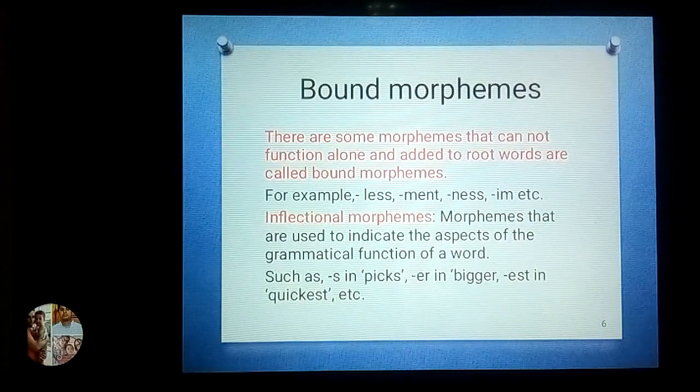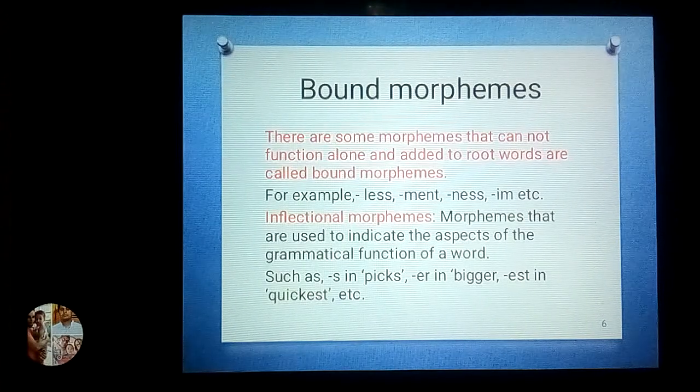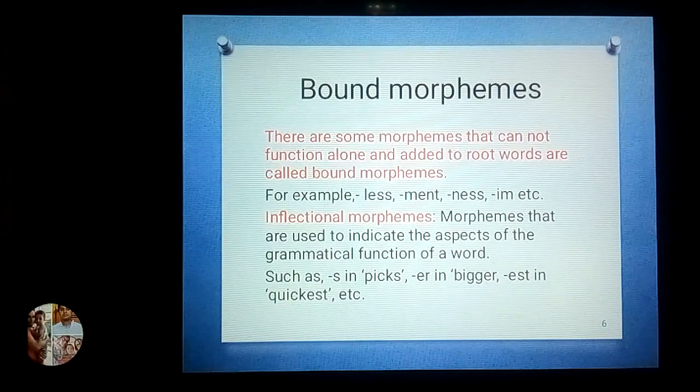For example, we can find two types of noun inflection, s and apostrophe s, four types of verb inflection, s, ing, ed, en, and two types of adjective inflection, er, est.